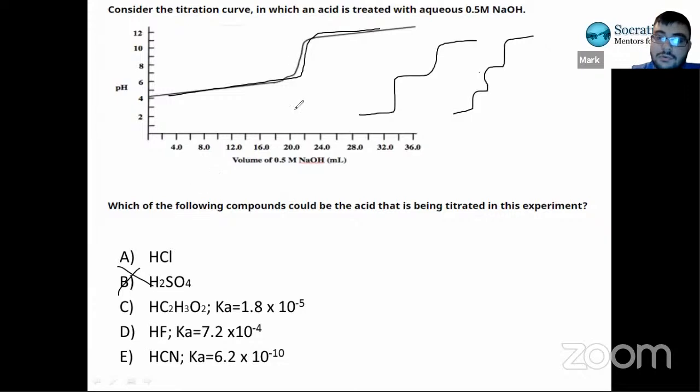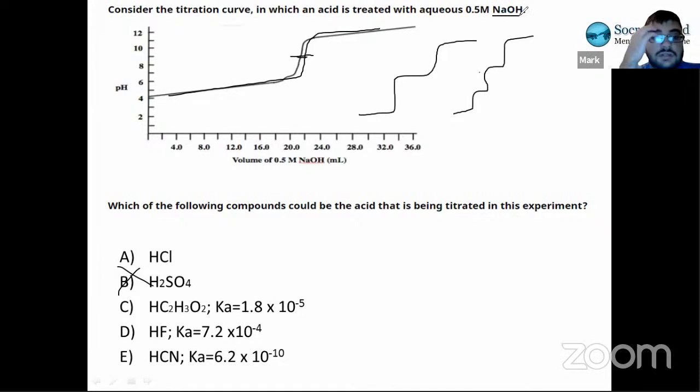Next, you would look at the equivalence point. So the equivalence point would be somewhere here, maybe, roughly around there. So that's about, I would say, 9. Remember that I said that if you add a strong acid and a strong base for titration, the equivalence point is always at pH 7.